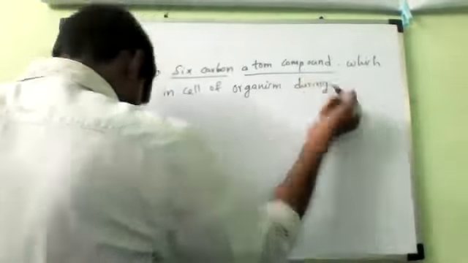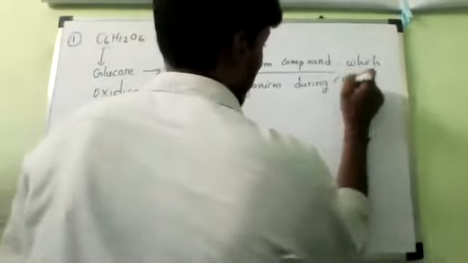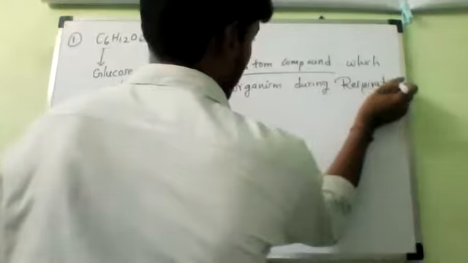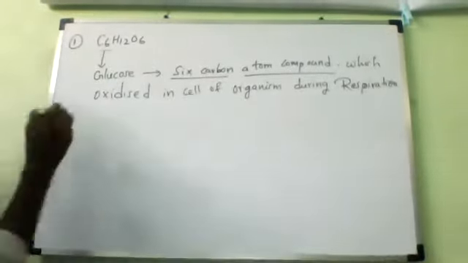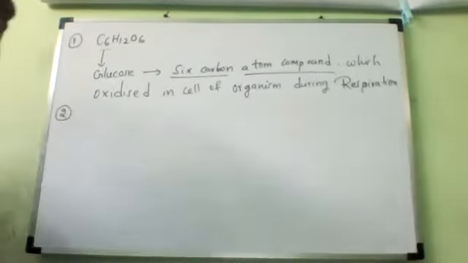Respiration. During respiration, this is what is going to oxidize. That is the first point. It is not a difficult point, which we already know. Now, let us get to the second point.